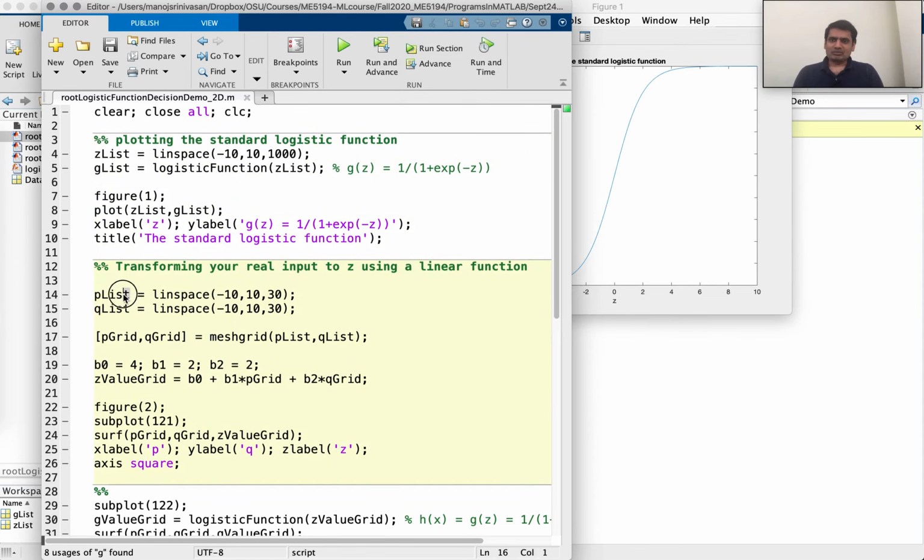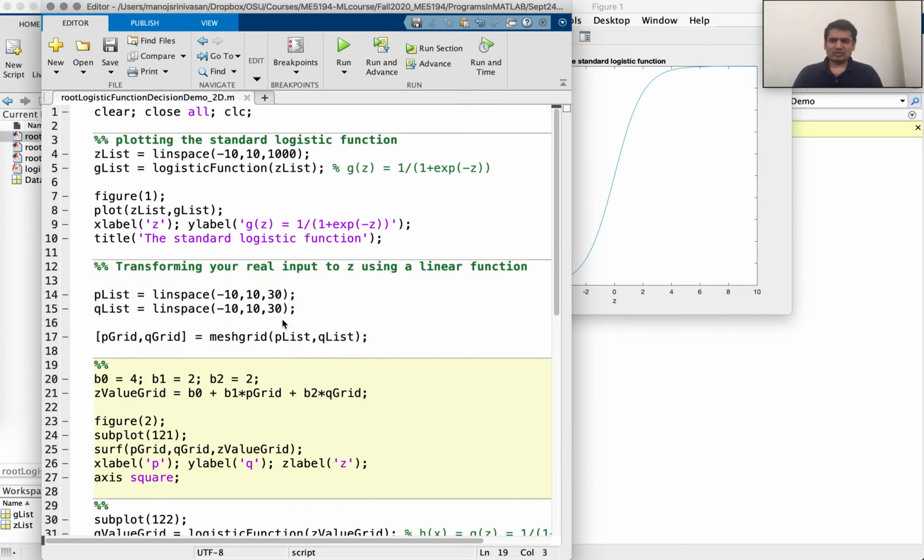So here I'm trying to plot a function. I'm saying p is between minus 10 and 10, q is between minus 10 and 10, and then I define this thing called p grid and q grid. Let me actually show you what that looks like. Let me run this piece.